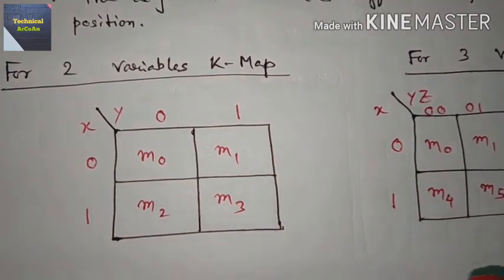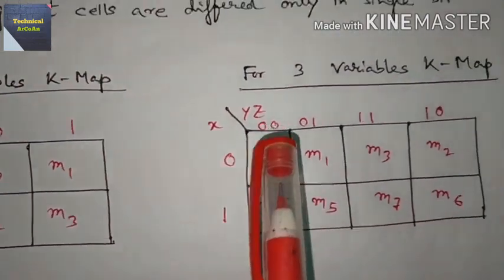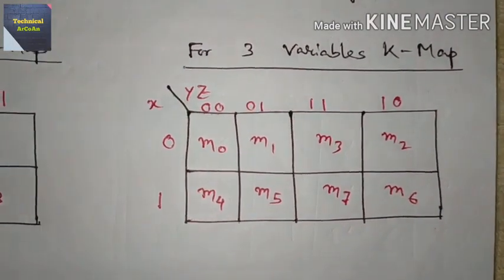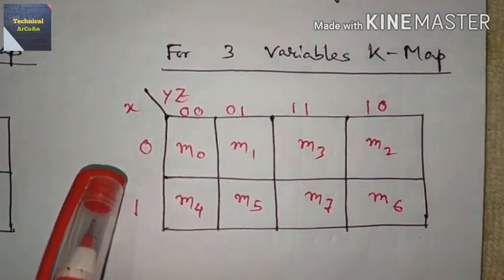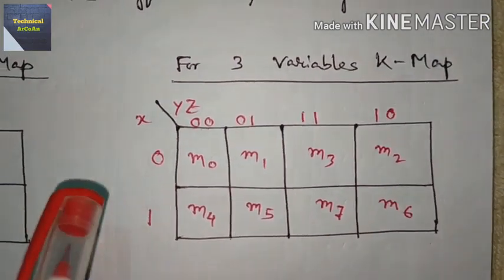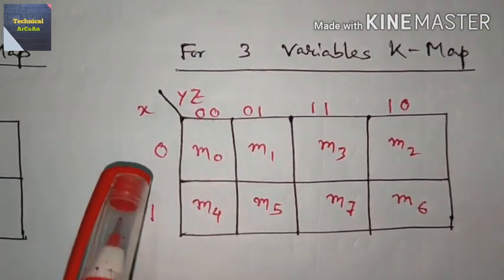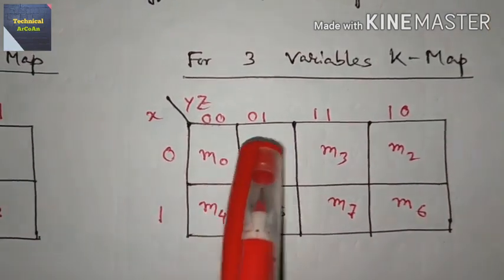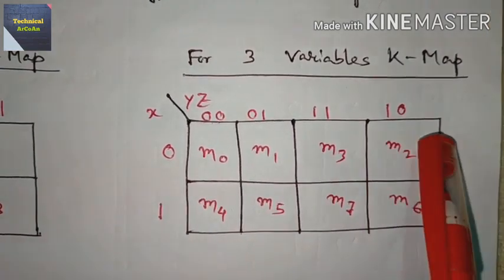In the same way, for a three variable Karnaugh Map, with x, y, z, the number of combinations is 8. Why? 2 to the power 3 is 8. The combinations are 0 0 0, 0 0 1, 0 1 1, 0 1 0, 1 0 0, 1 0 1, 1 1 1 and 1 1 0.